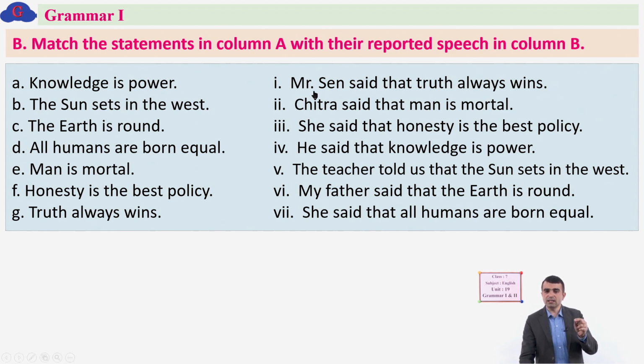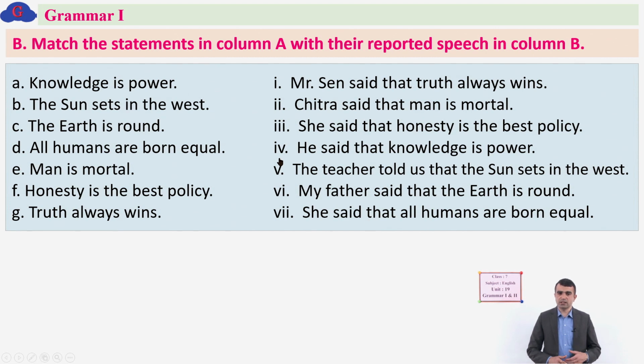First here is, Mr. Sen said that truth always wins. Second, Chitra said that man is mortal. Third, she said that honesty is the best policy.